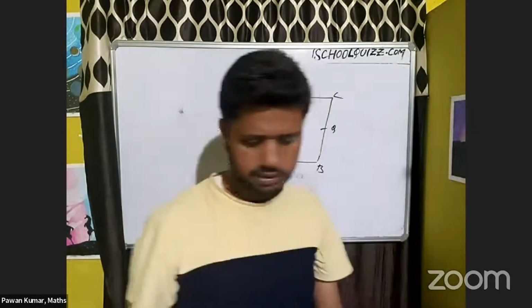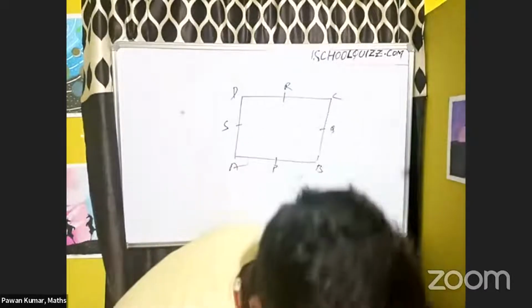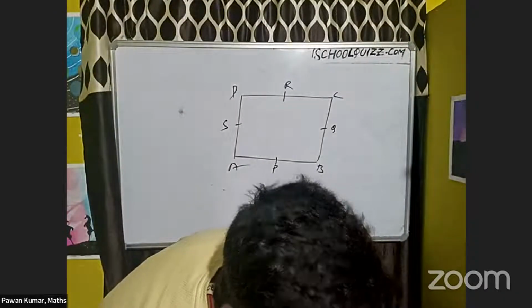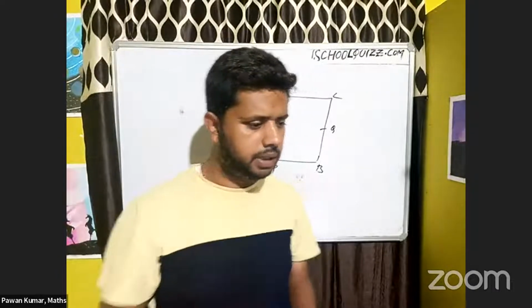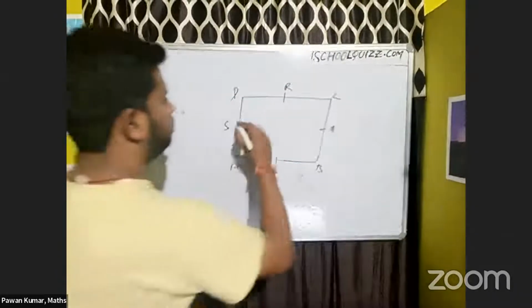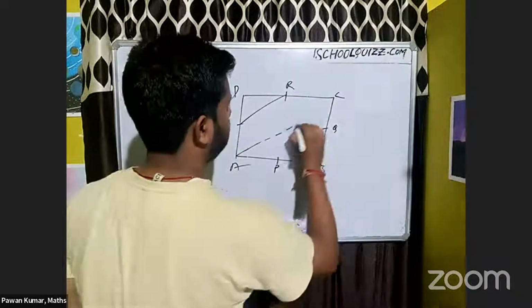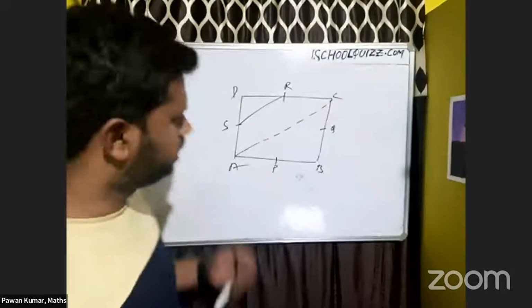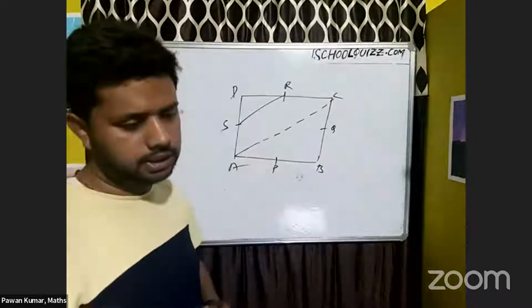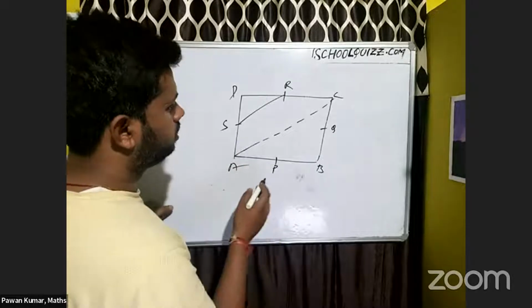This line is parallel to this AC, and this is what they have to prove. And one more thing, SR is half of this AC, and PQ means this one.